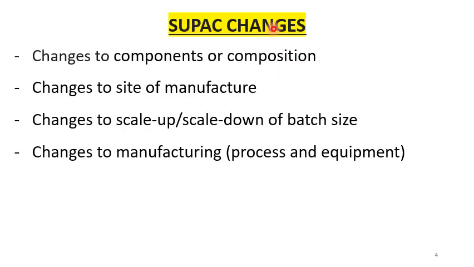So SUPAC changes involve changes to the components or composition of the formulation, changes to the site of manufacture, changes to the scale up, that is changes to the scale of the formulation, that is batch size. The batch size may be increased or decreased, and changes to the manufacturing. In the manufacturing, the changes may be for the process and the equipments.